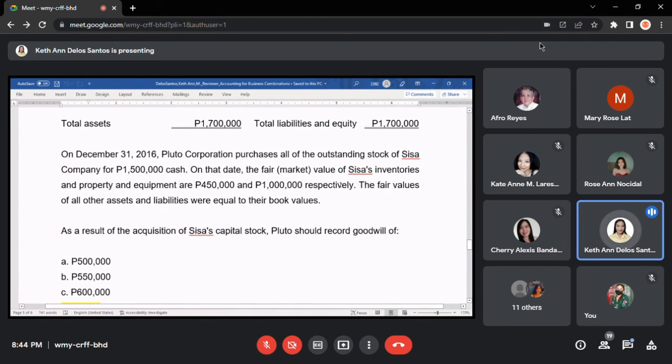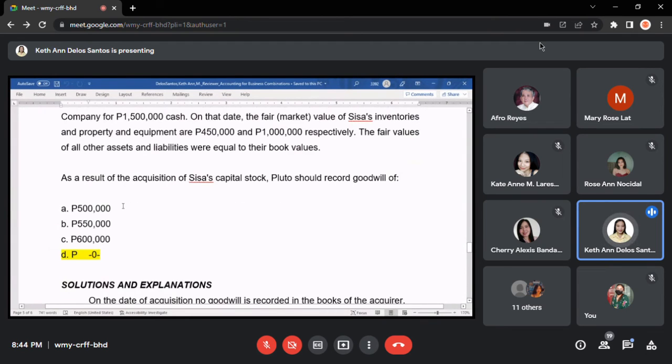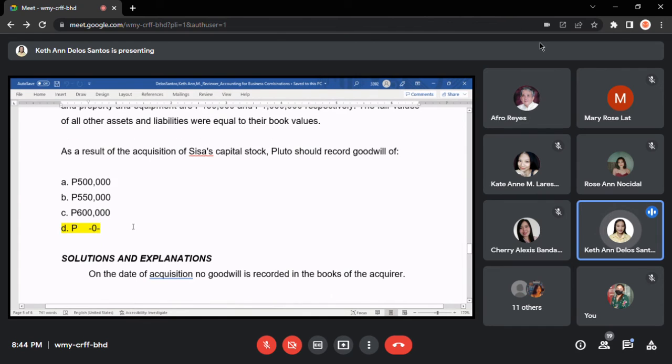The fair values of all other assets and liabilities were equal to their book values. As a result of acquisition of CISA's capital stock, Pluto should record a goodwill. A, 500,000 pesos. B, 550,000 pesos. C, 600,000 pesos or D, 0. Ang answer dito ay D.